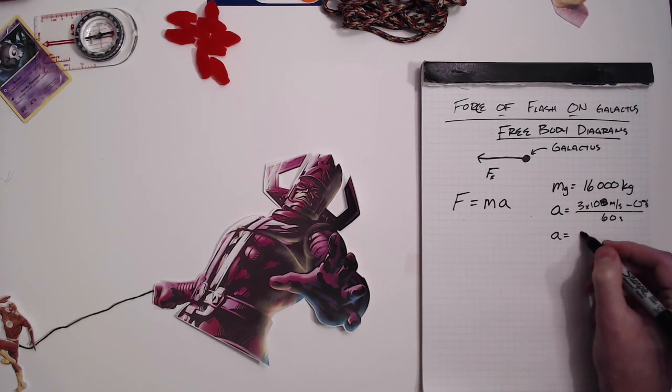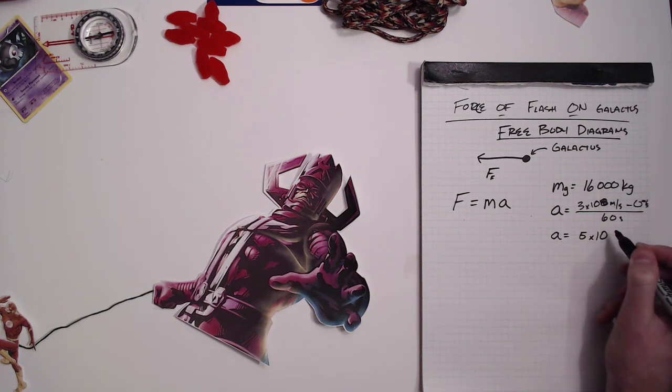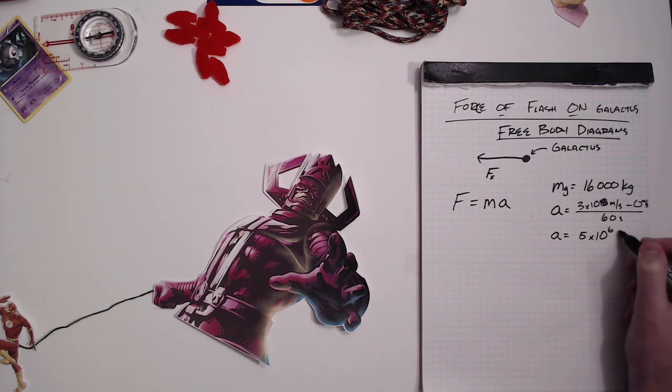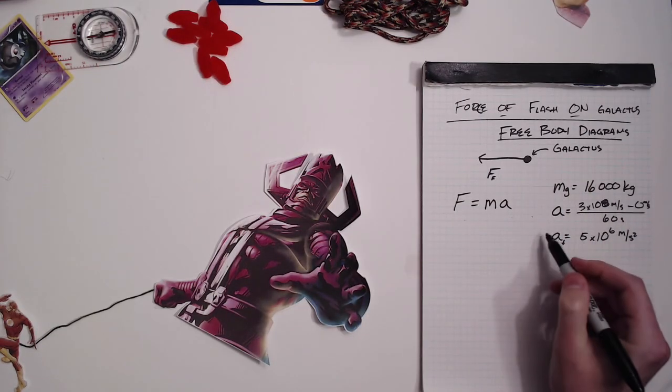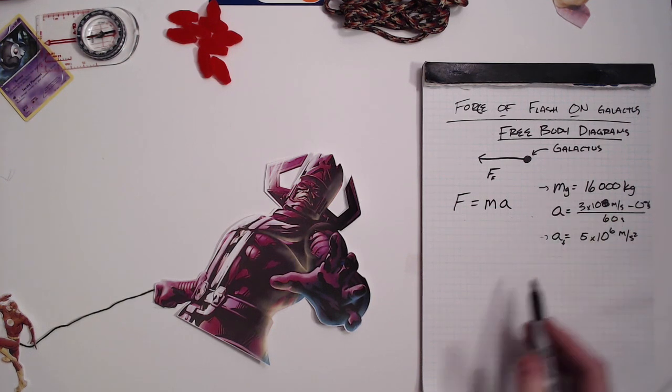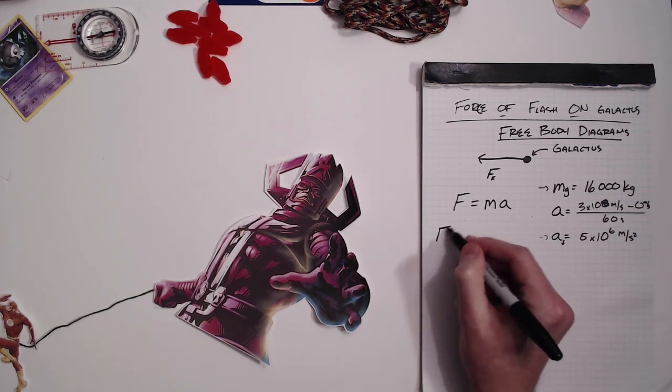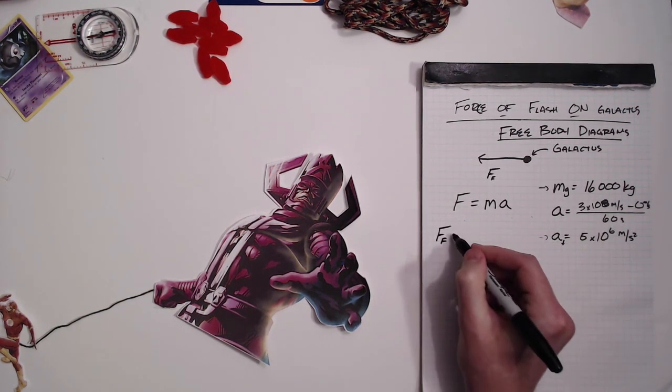Here we get an acceleration of 5 times 10 to the 6th meters per second squared. That's the acceleration that the Flash can exert. Now I'm assuming the Flash can keep this acceleration even when he's pulling on Galactus, which is a rather large assumption.